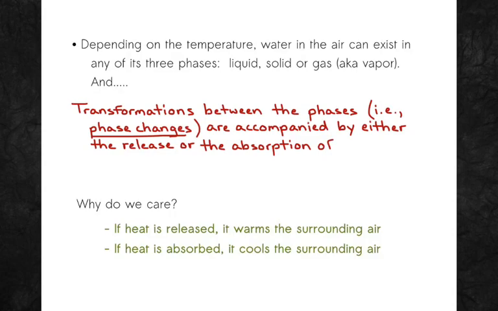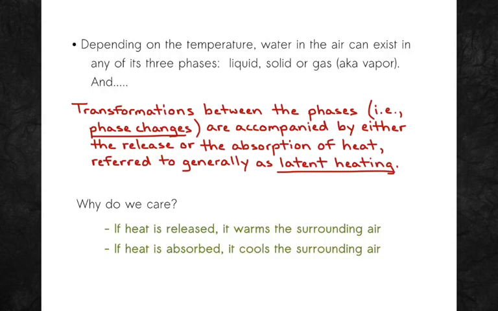So we're either releasing heat to the environment or absorbing heat from the environment. And this is referred to as latent heat or latent heating when it's actually in action. So the exchange of energy with the environment due to phase changes is called latent heating.